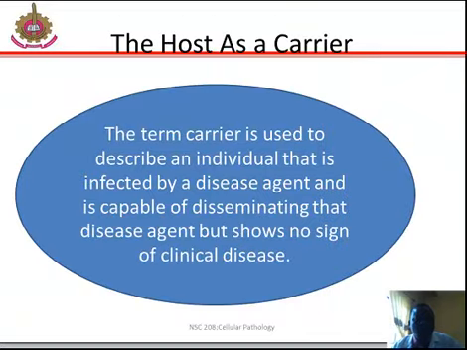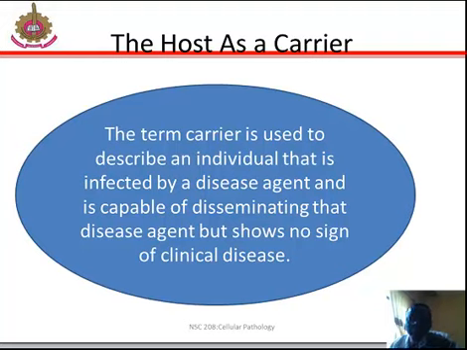Then let us look at the host as a carrier. The word carrier is used to describe an individual that is infected by a disease agent and is capable of disseminating this agent, but who himself will not show any signs of clinical infection.